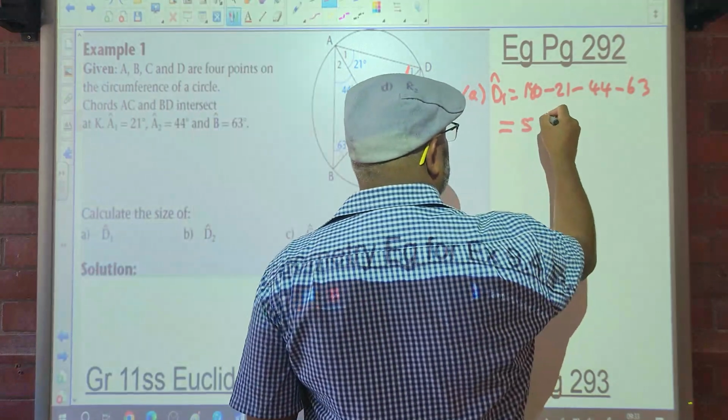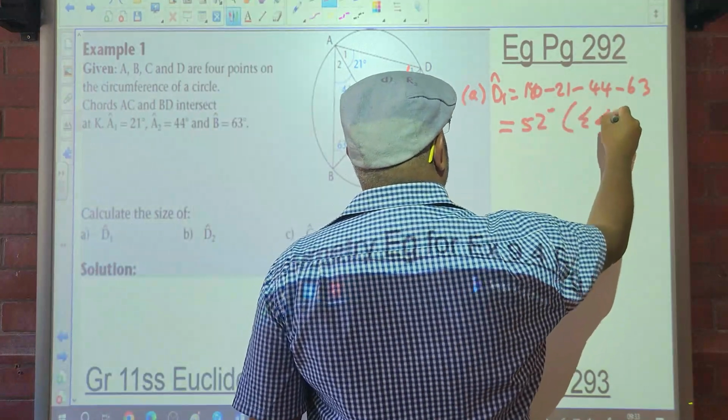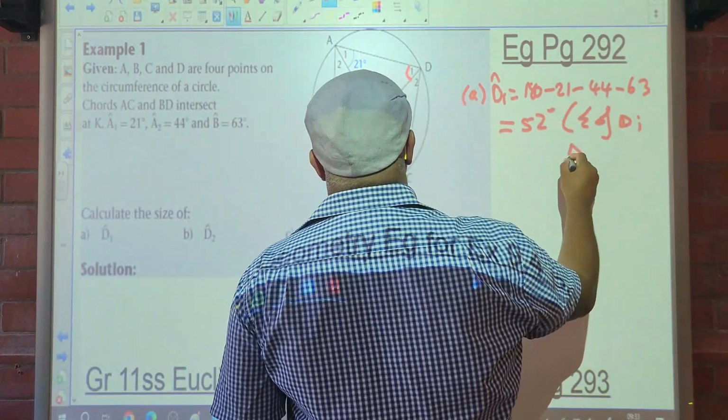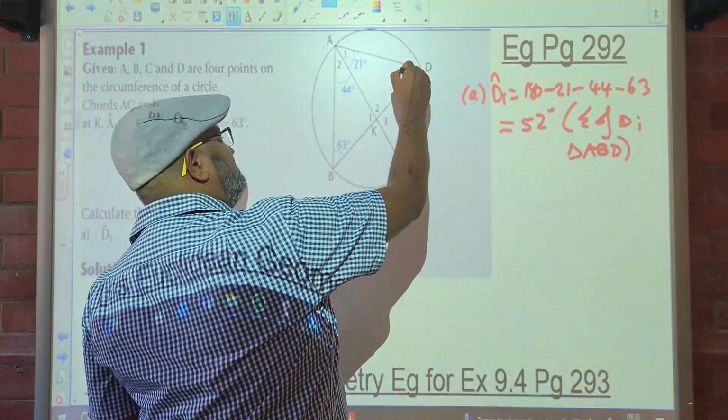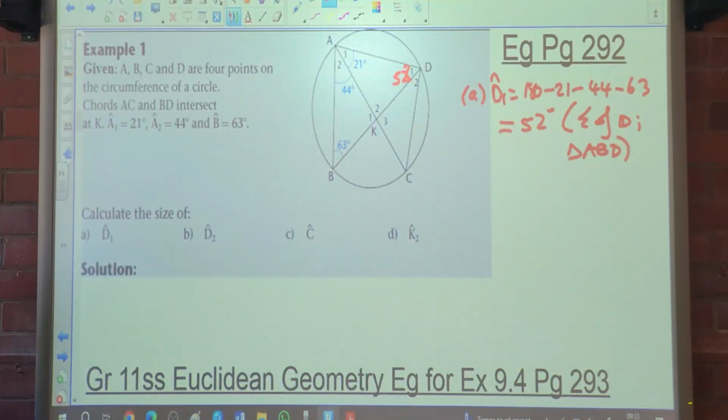And the reason is sum of triangles, it is triangle ABD. So here we can write 52 degrees now.